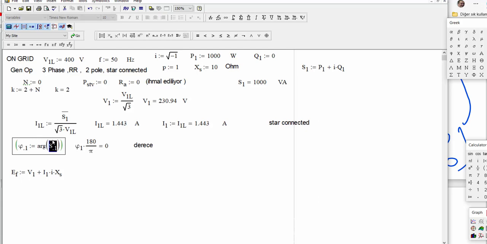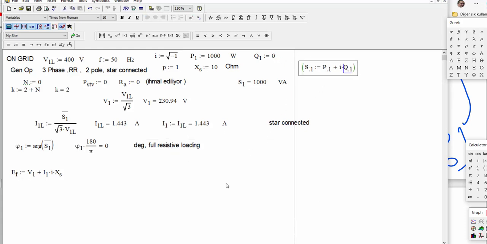That means complex conjugate. Phase displacement is 0 degrees, meaning full resistive loading. Okay, we already know this because there is no reactive power here.